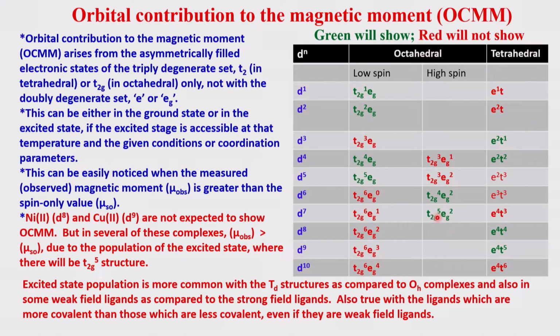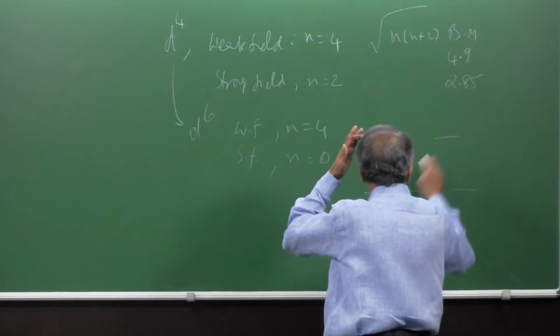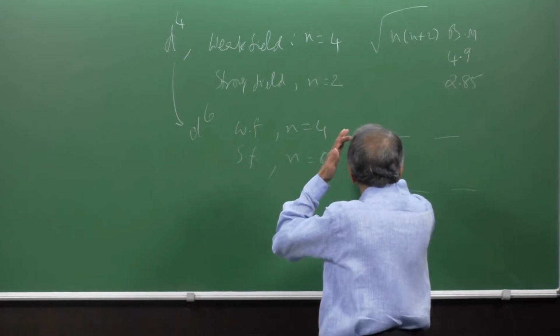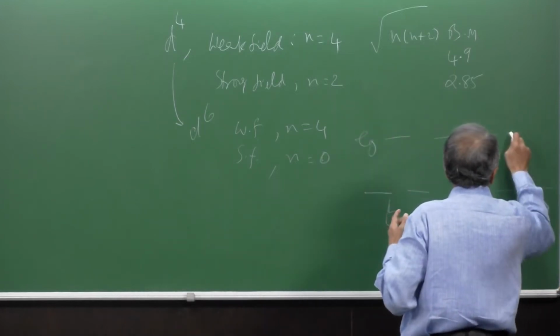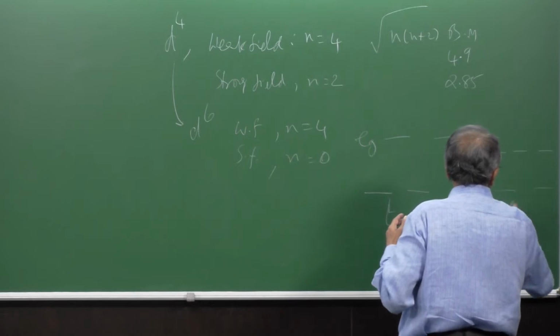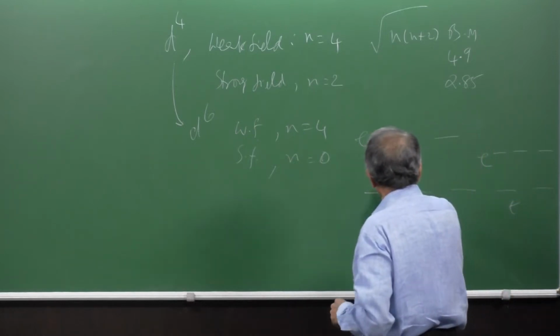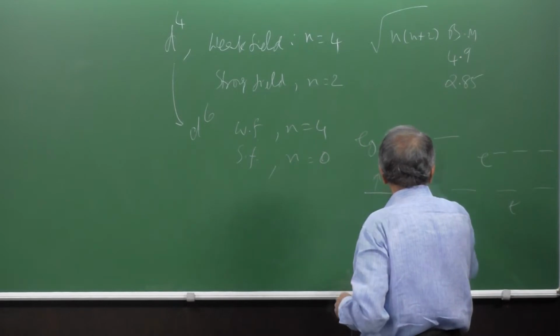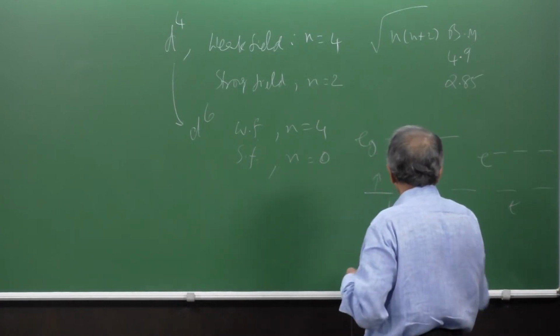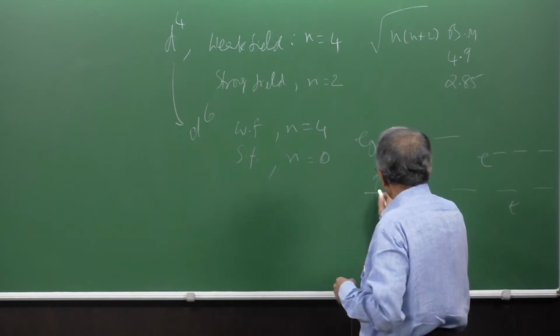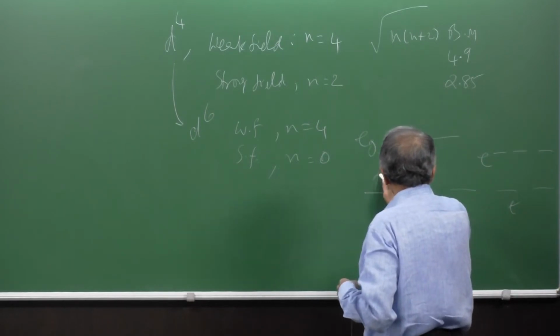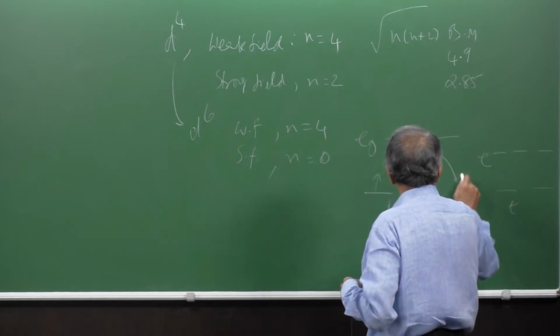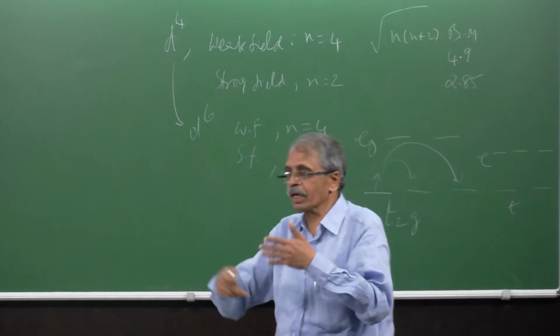Now you can just look at what kind of electronic configurations are suitable for giving this kind of orbital contribution. So if you look at the transition metals with the octahedral t2g and eg, or tetrahedral t and e. In these cases, if you have a partially filled set, like 1 electron here, that can move here, then can move here, etc. So therefore it can have an orbital momentum.